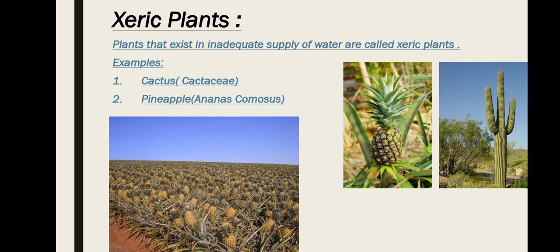Or the plants which survive even in inadequate supply of water are called xeric plants, and the two examples we will be particularly talking about are cactus with scientific name Cactaceae and pineapple with scientific name Ananas comosus. As you can see from these three pictures, these two plants grow in conditions which offer less amount of water to them.